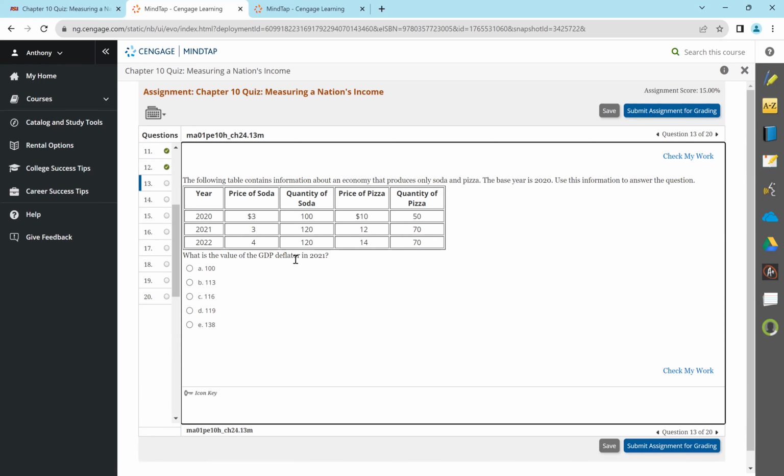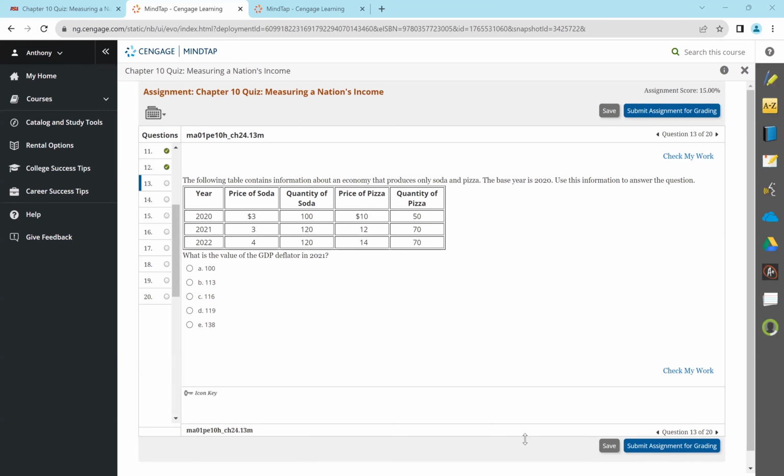All right, what is the value of the GDP deflator in 2021? So this is based on what we just did. It uses the results from 11 and 12. We found that in 2021 it was 1200, and in the base year it was 1060.